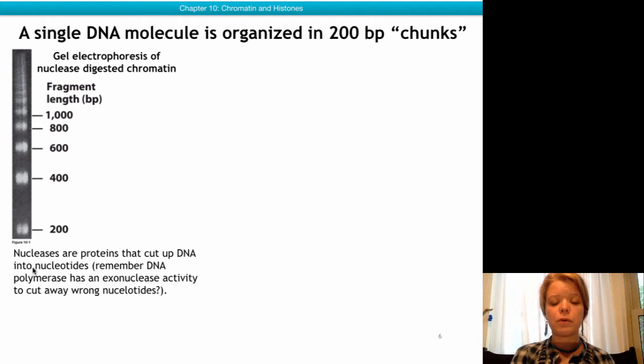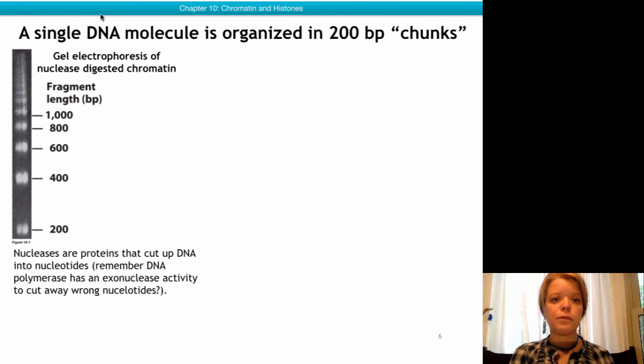If you remember, the word nuclease indicates an enzyme that can take a DNA polymer and break it down into nucleotide monomers. Remember how the DNA polymerase had an exonuclease activity, where instead of building the DNA polymer, it was taking off incorrect bases from it. So nuclease means it cuts up DNA.